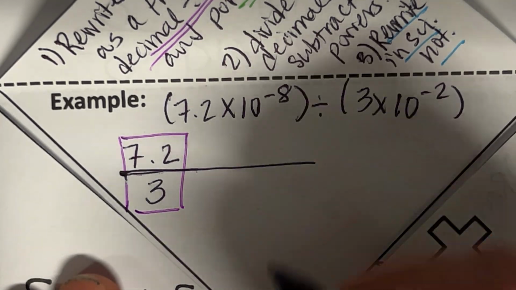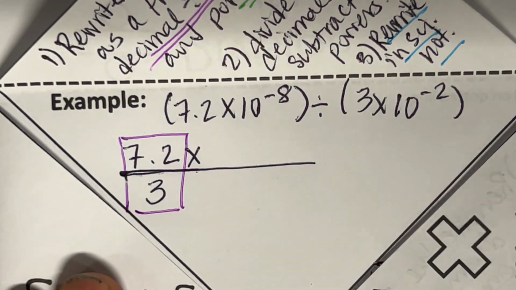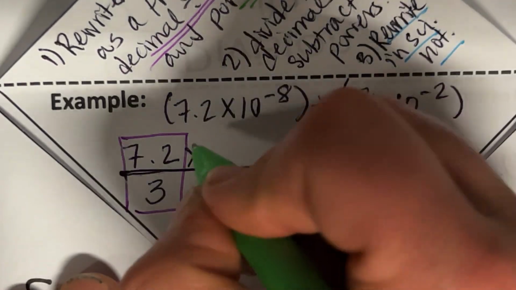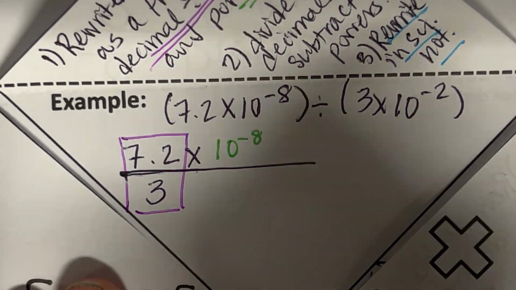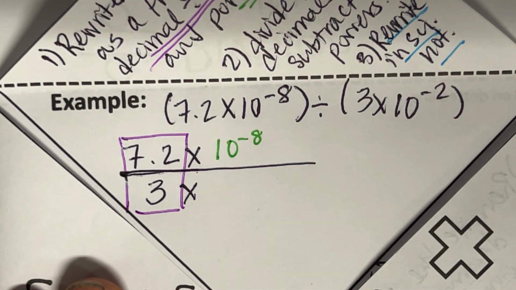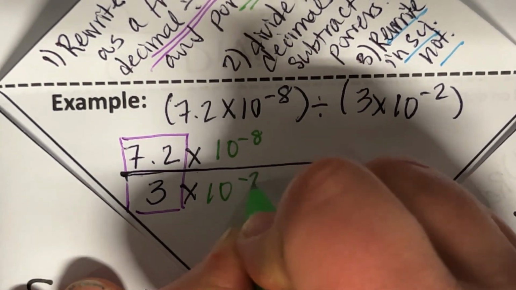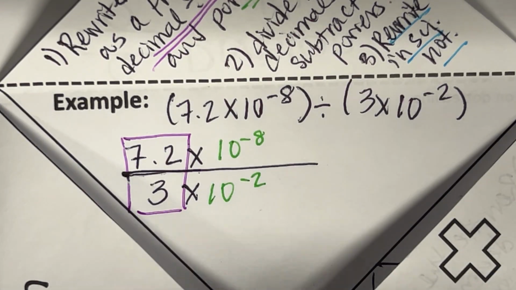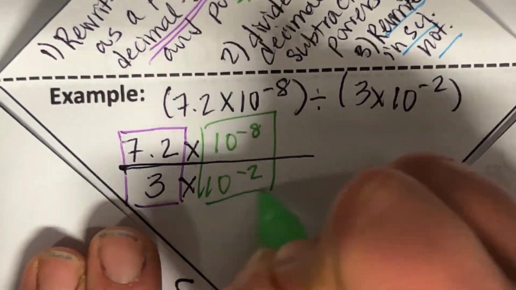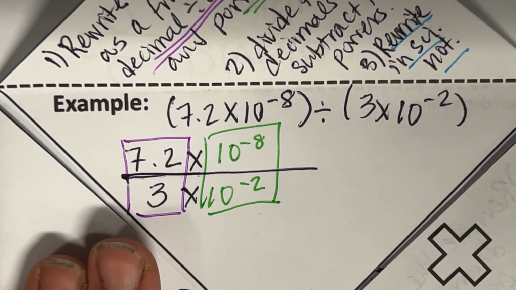Aligning those decimals, this time I'm actually going to use the right color. I have 10 to the negative 8th divided by 10 to the negative 2nd. So now I've aligned those decimals and aligned those powers, and I am going to do this math work. Okay, so that was step number 1.